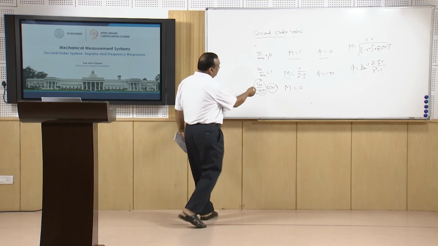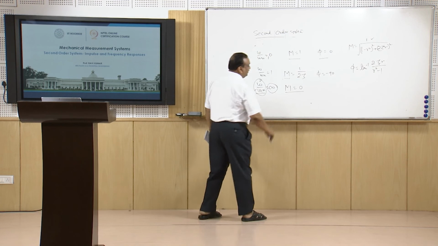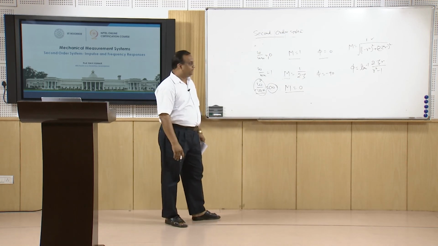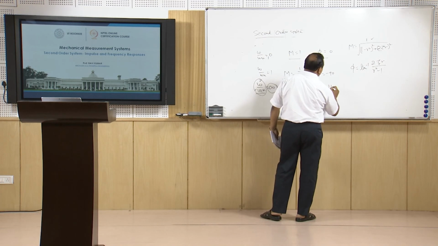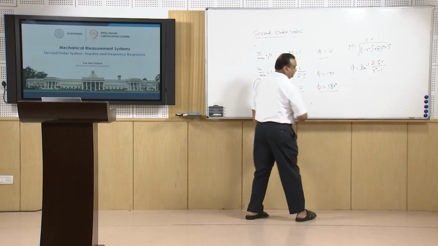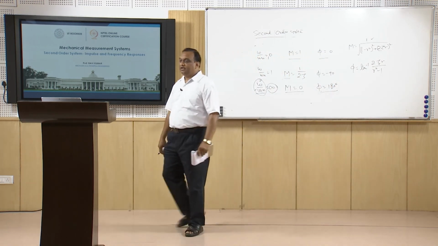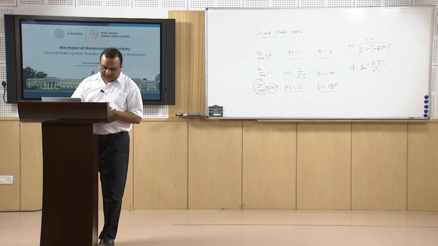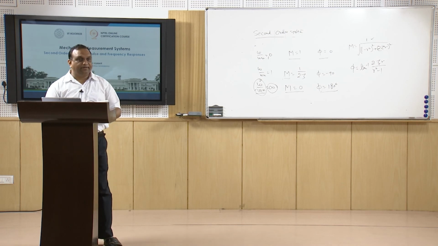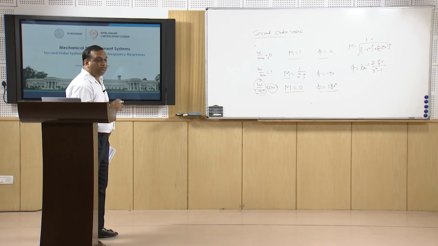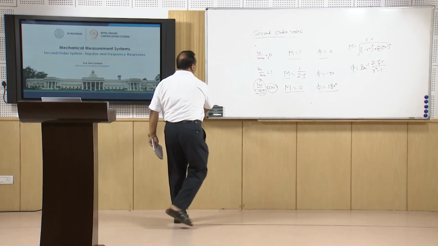When omega by omega n is infinite, the ratio m is going to be 0 and phi is going to be minus 180 degree. These are the values at certain salient points.